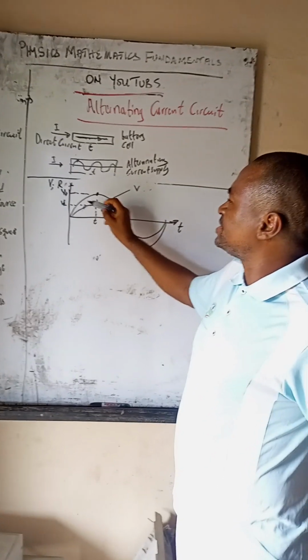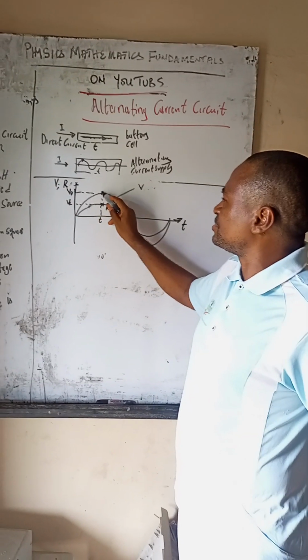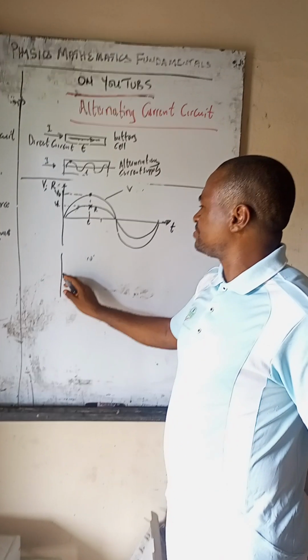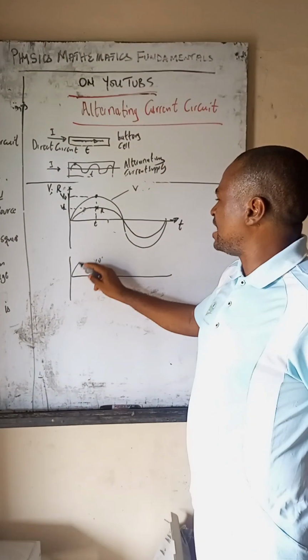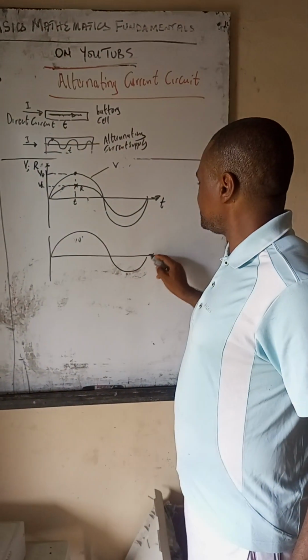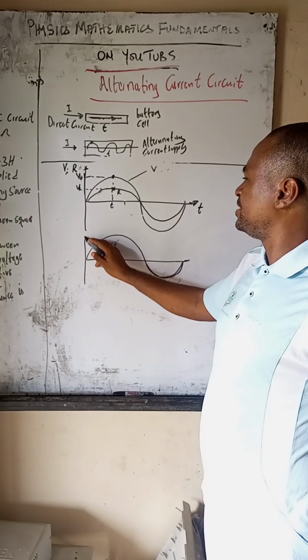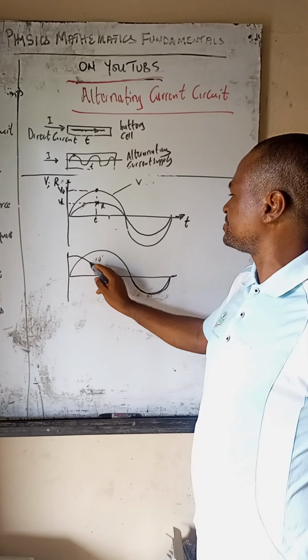In that case, we say both voltage and resistor are in phase. Now, if you look at this graph, see how my voltage goes like this. Then I have the other curve moving this way.